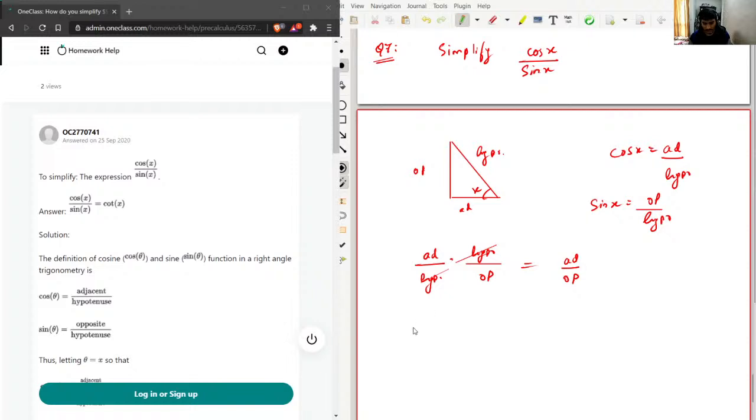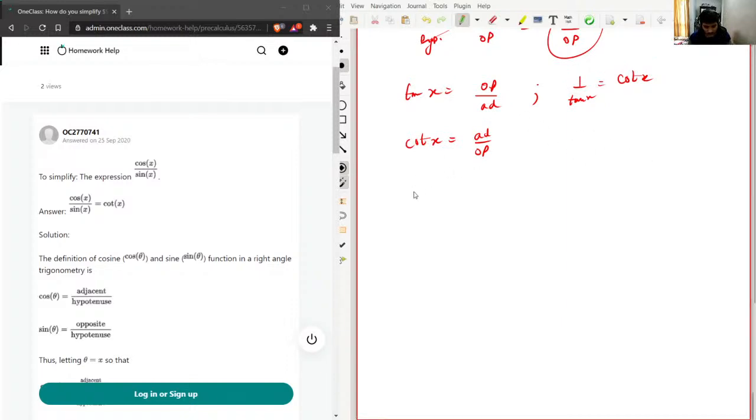over this one. Now tangent of x will be opposite over adjacent. 1 over tangent of x is cotangent of x. That means cotangent of x is adjacent over opposite, and we have already got adjacent over opposite.